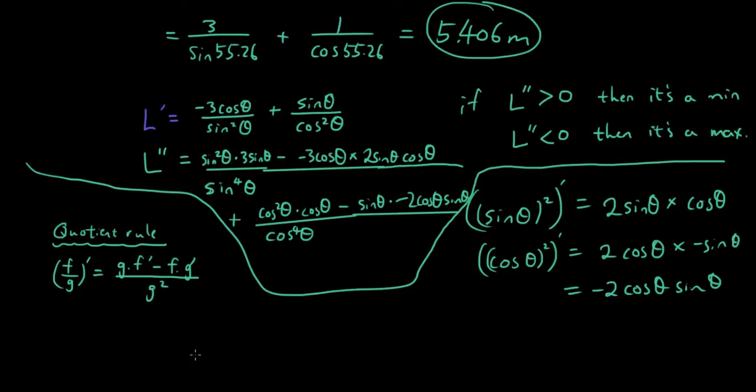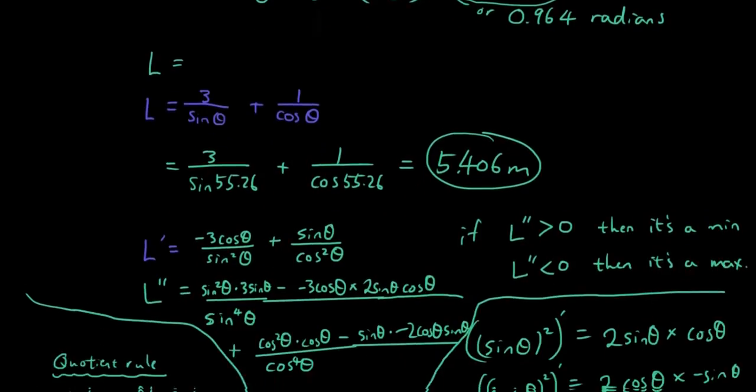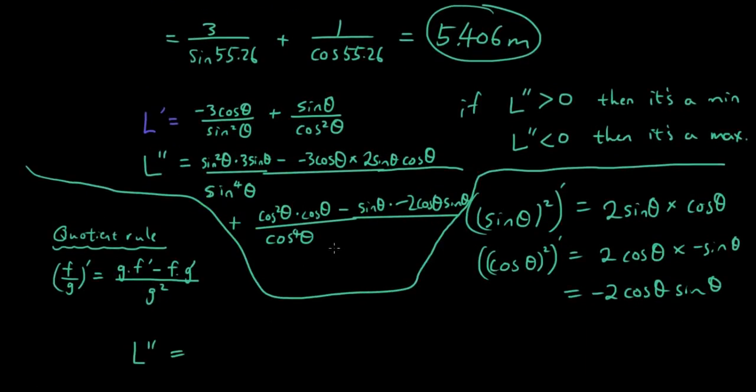You're probably super confused, but you can probably just check with a graphics calculator if you're allowed to use that in the exam. But anyway, let's now substitute in our theta value of 55.26 into this super long equation.